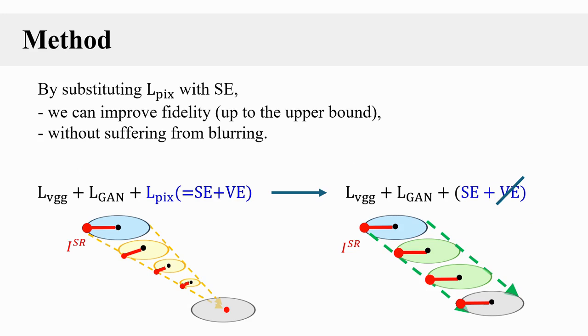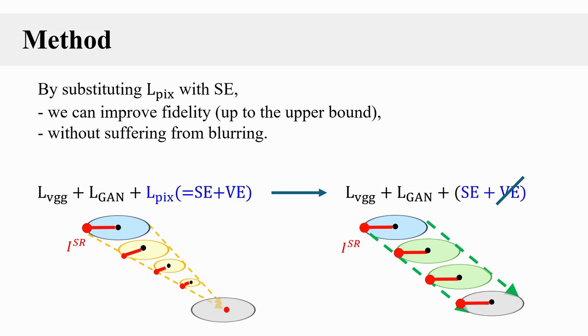This would be a simple overview of our method, where we replace LPIX, the per pixel L1 loss or L2 loss, fundamentally reducing both SE and VE, with a loss function that only reduces SE, the systematic effect.